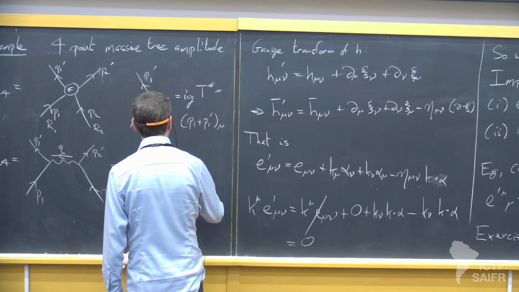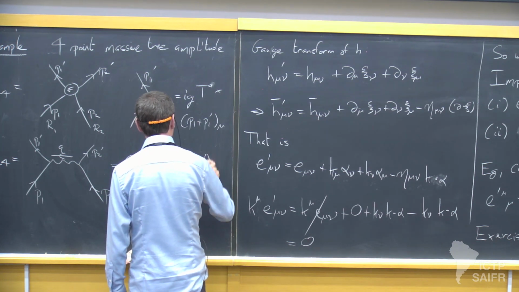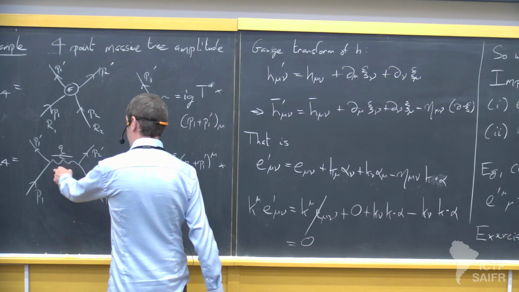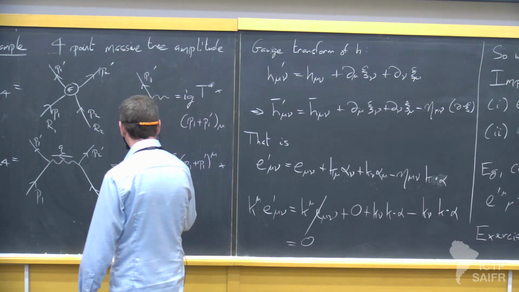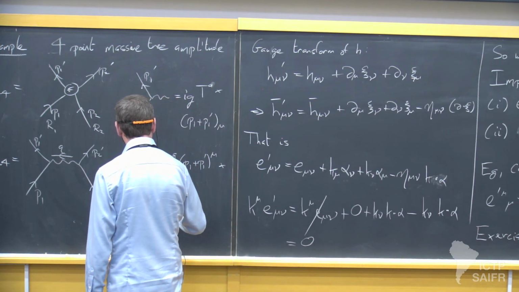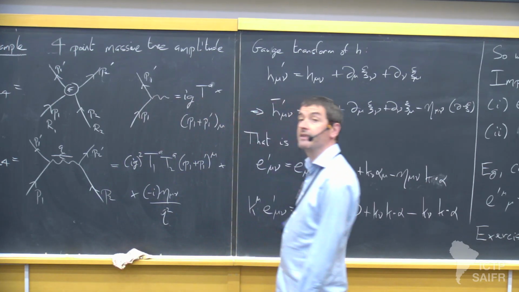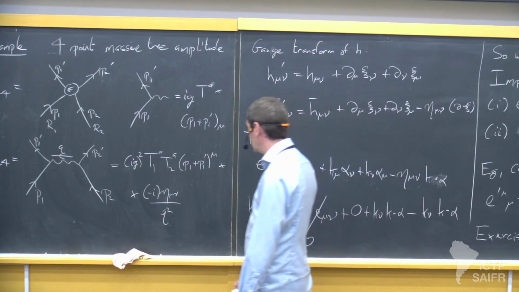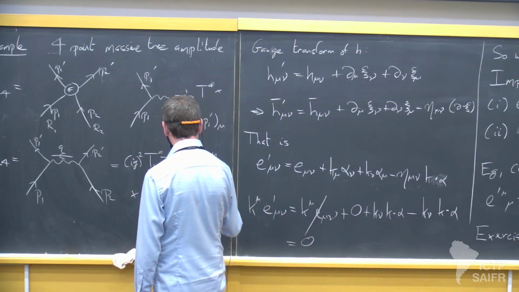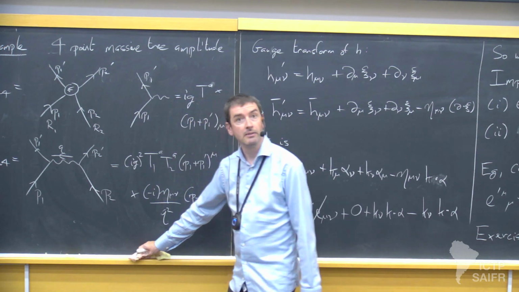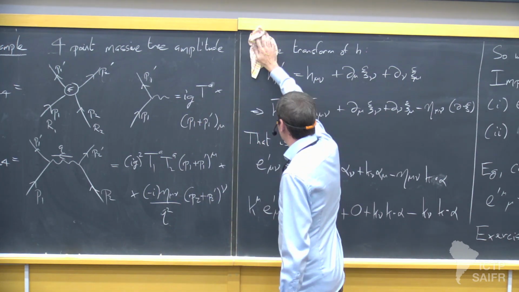I'm going to get P1 plus P1 prime with some index mu, times a gauge boson propagator, which has a minus I eta mu nu over Q squared. That's in Feynman gauge. And then P2 plus P2 prime, index nu. Okay, so that's the amplitude.